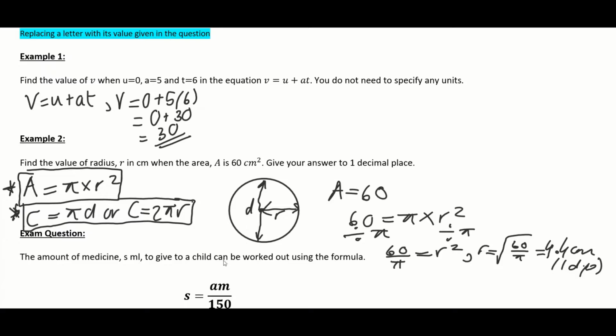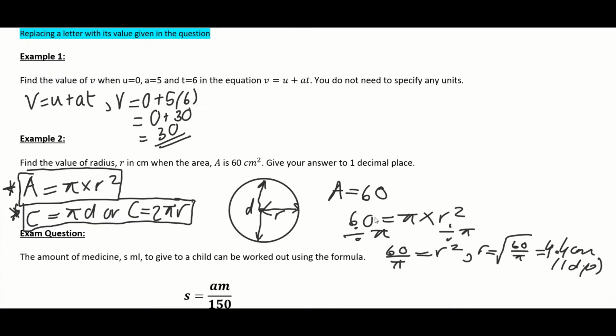This is there to help you out. The diameter is this. So these are the key words. Diameter is just 2 radiuses lined together, and a radius is half the diameter. Then we know that A equals 60 because it tells us that the area is 60 centimeters squared. Forget about units here, just make sure that you get all the numbers and letters together.